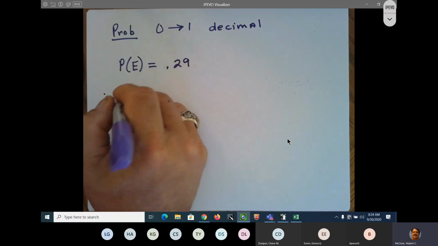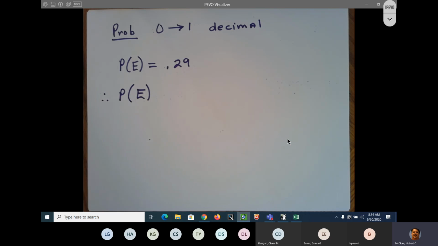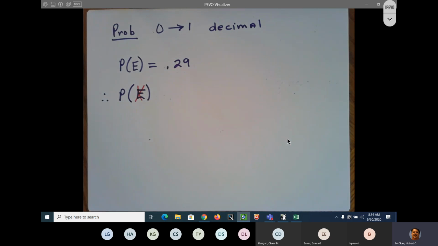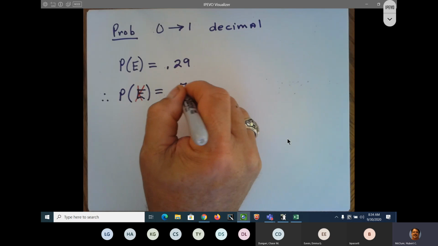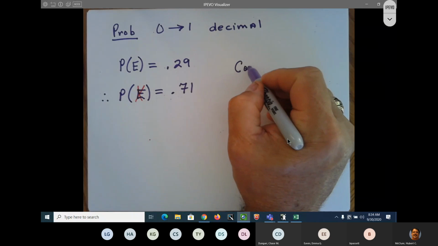Therefore, the P of the event not happening would be what? Somebody give me that number. 0.71. Remember, the complement makes up the whole.